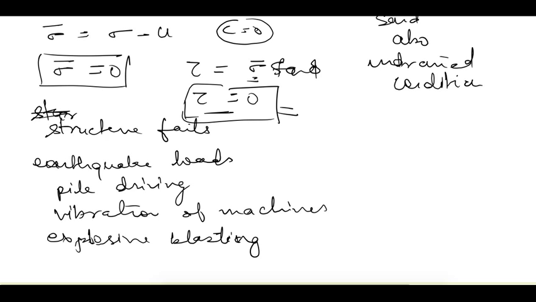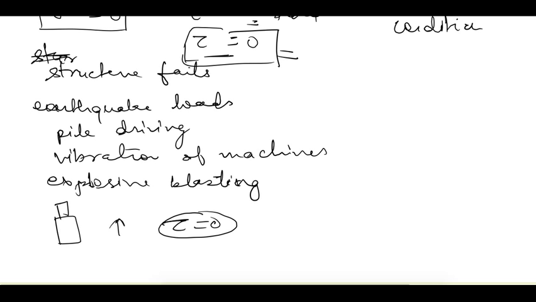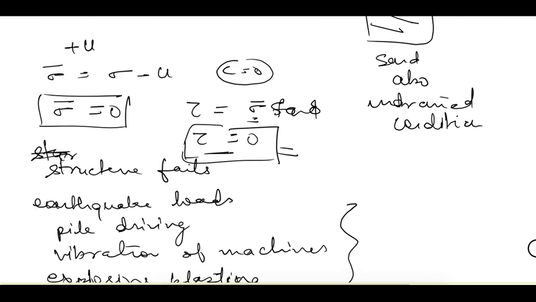In these cases, the shear strength may reduce to zero. If we are doing cumulative loading also, if we are just increasing the load quickly, in that case the pore pressure also increases. So that is one more case when shear strength can become zero. So these are the typical examples where soil liquefaction may happen.